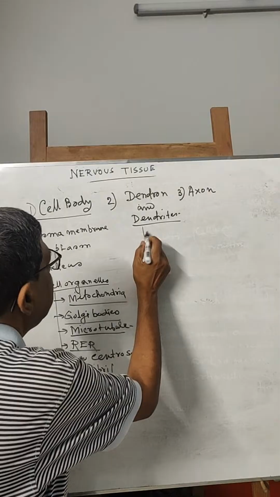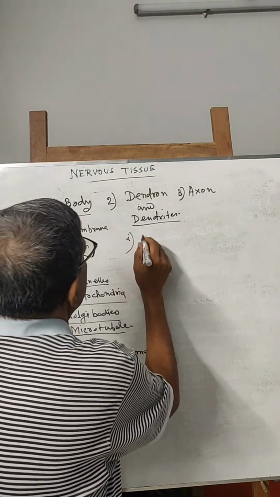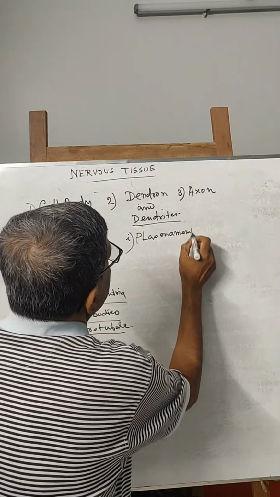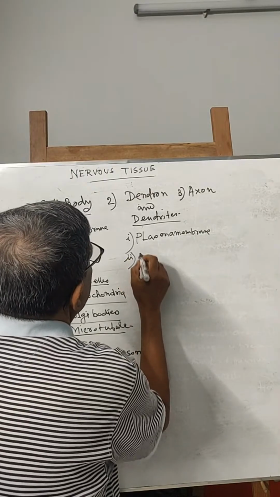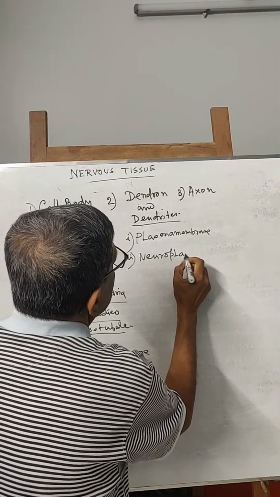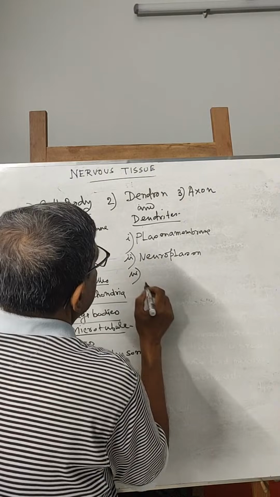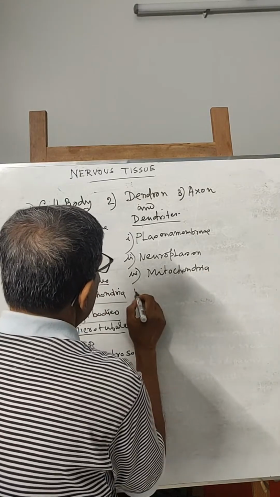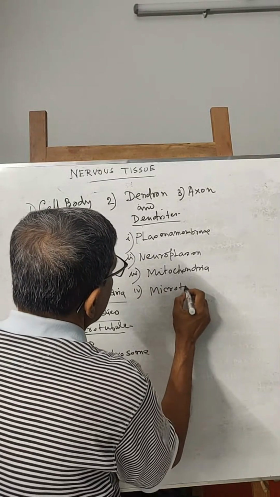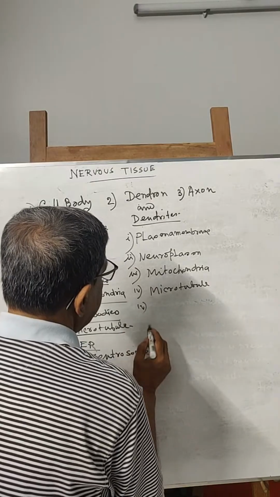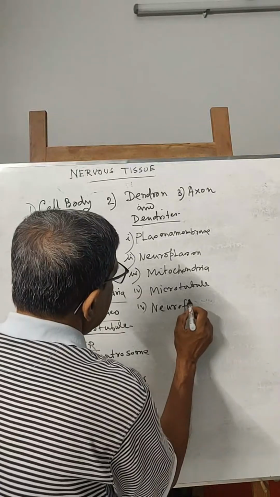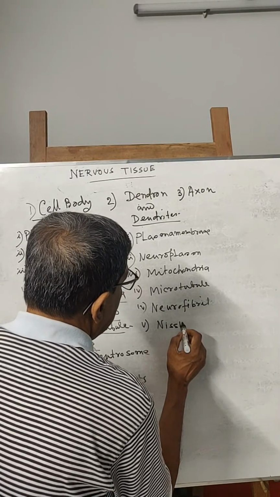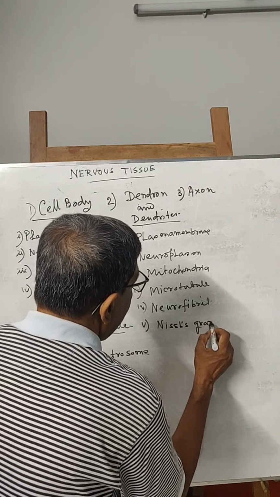In case of dendron, there is present: one, plasma lemma, the plasma membrane; two, neuroplasm; three, mitochondria; four, microtubule; five, neurofibril; six, Nissl granules, etc.